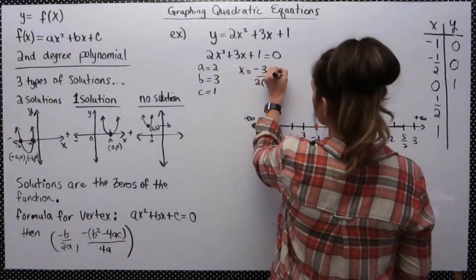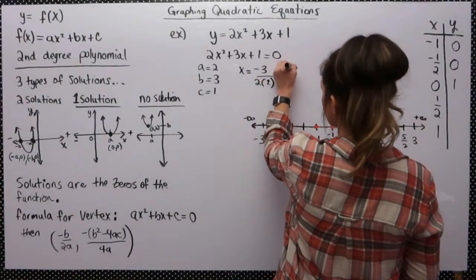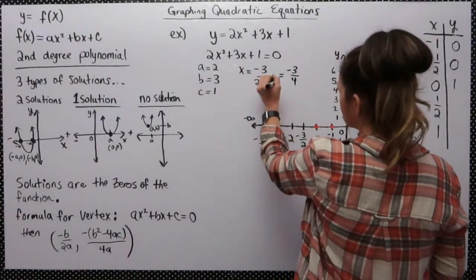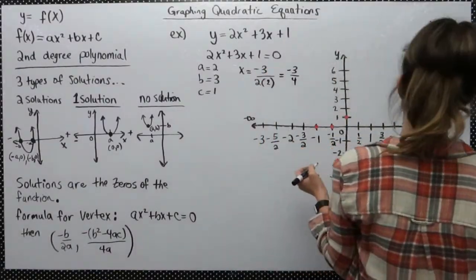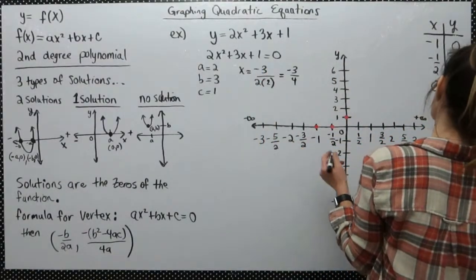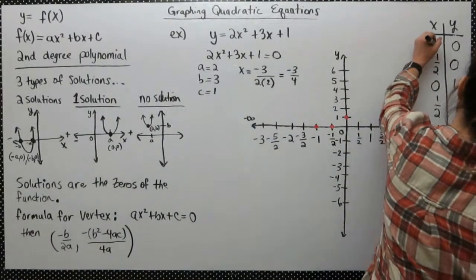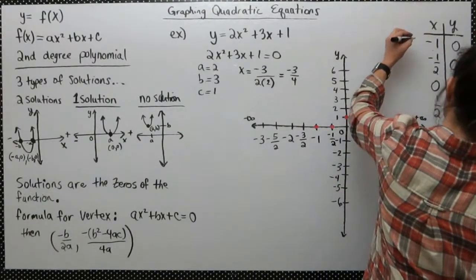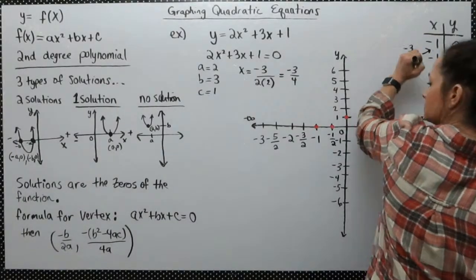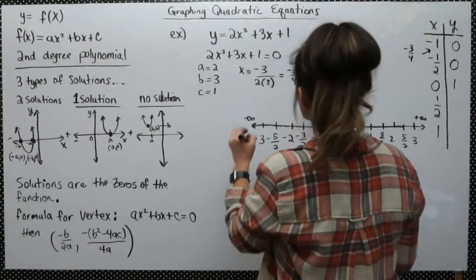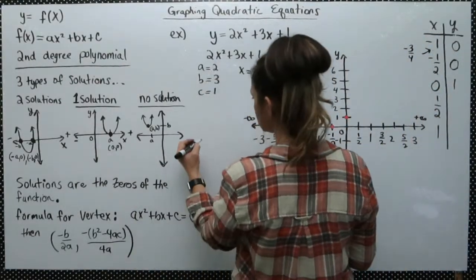So it's saying the x coordinate of your vertex is going to be at negative 3/4. So I would scoot it in here somewhere, put it in the table. Negative 3/4. And then I'm going to circle that, and then we'll work out the y coordinate here.